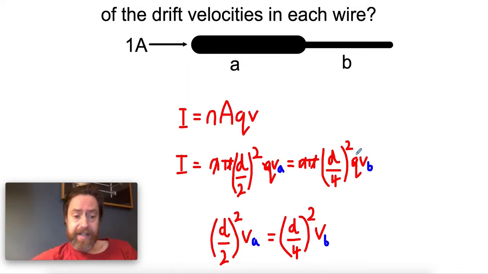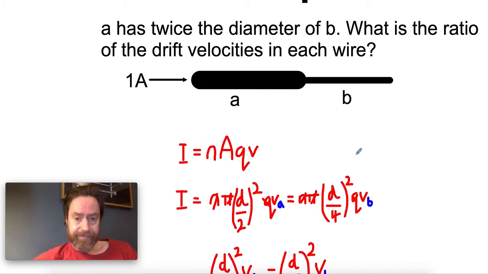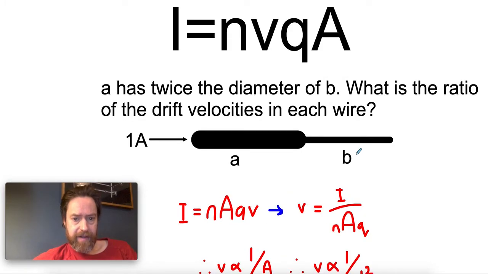Another way of approaching exactly the same problem, and just a little bit shorter and possibly a little bit neater, and just to show you can do it in different ways, would be as follows. This time, I've approached it by just saying, okay, what is the drift velocity equal to? So the drift velocity is equal to the current divided by nAq.